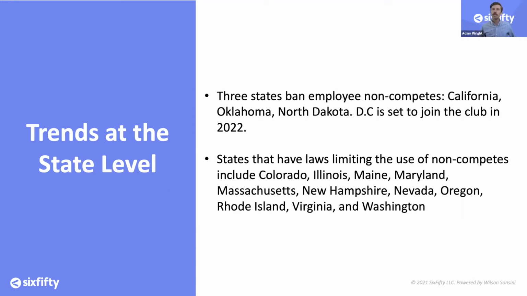Several of you stated in the last poll that your company does use non-competes. We're curious to know if you are aware of the specific restrictions on non-competes in the state or states where your company has employees. We'll give you maybe 30 seconds to answer this question, and then we'll take a look at the results.